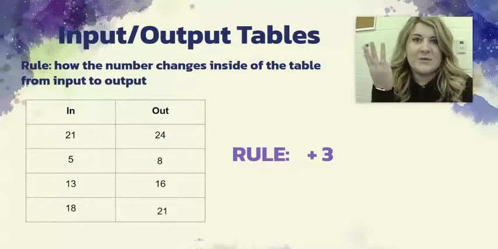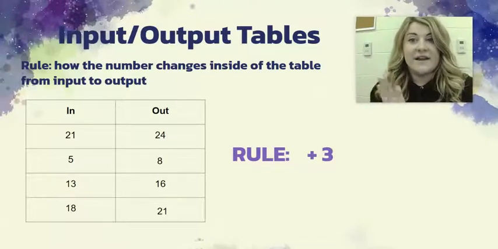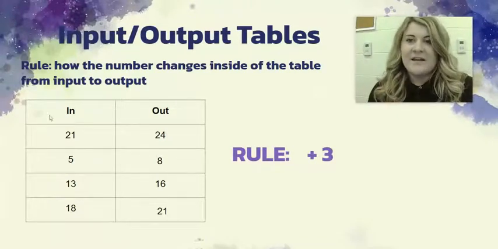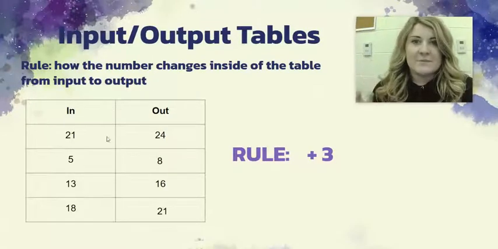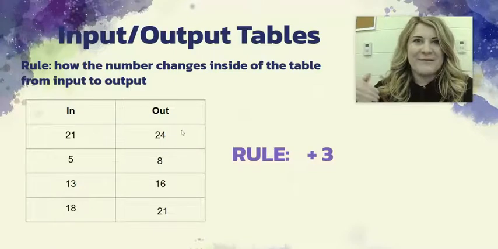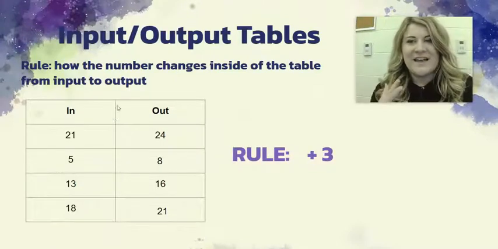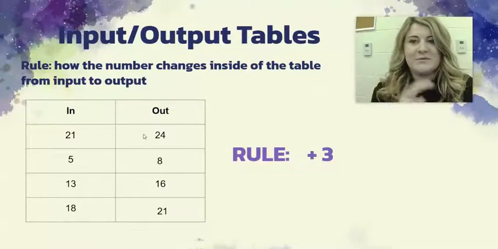It's going to come out as a 21 because all of these are getting plus 3 added to them, okay? I like to imagine this line as when the rule is happening to them, because it's going in as a certain number and coming out as another number. It's like transforming them into a new number. We just have to figure out what's happening to them when it's transforming them, okay?